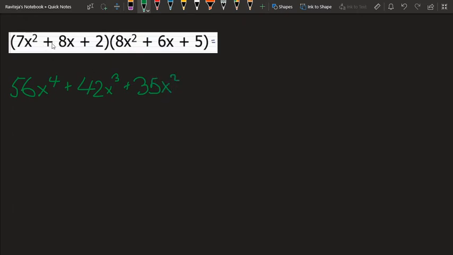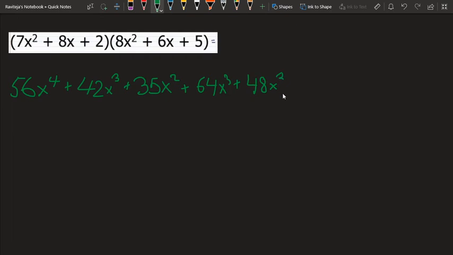Now it's time to distribute the 8x. 8x times 8x squared is just plus 64x cubed. Then we have 8x times 6x, which is just plus 48x squared.